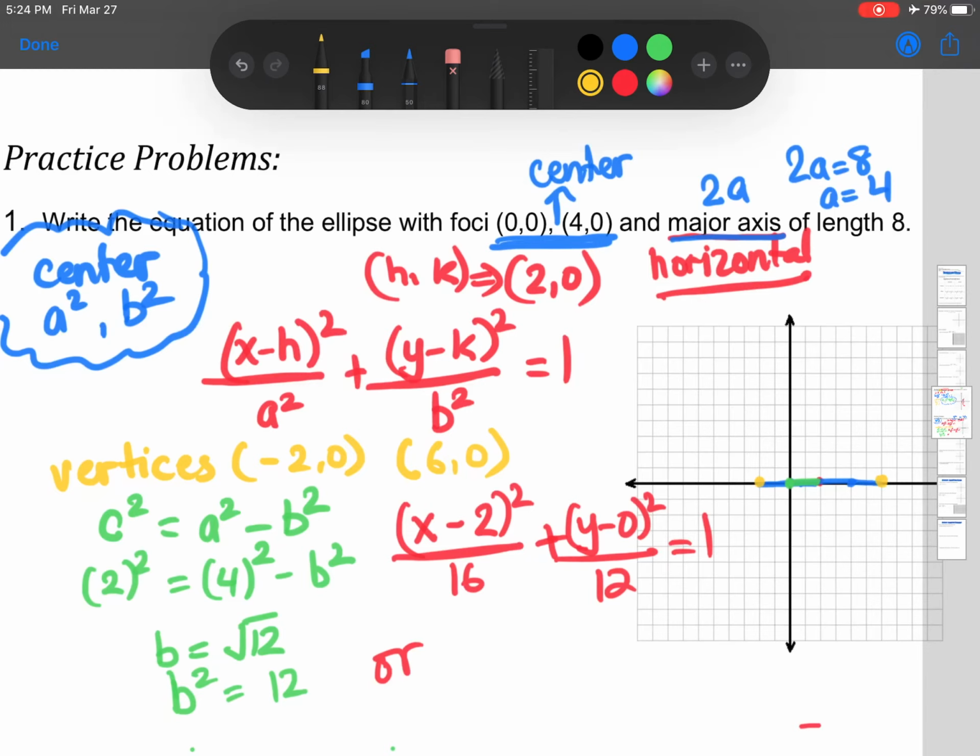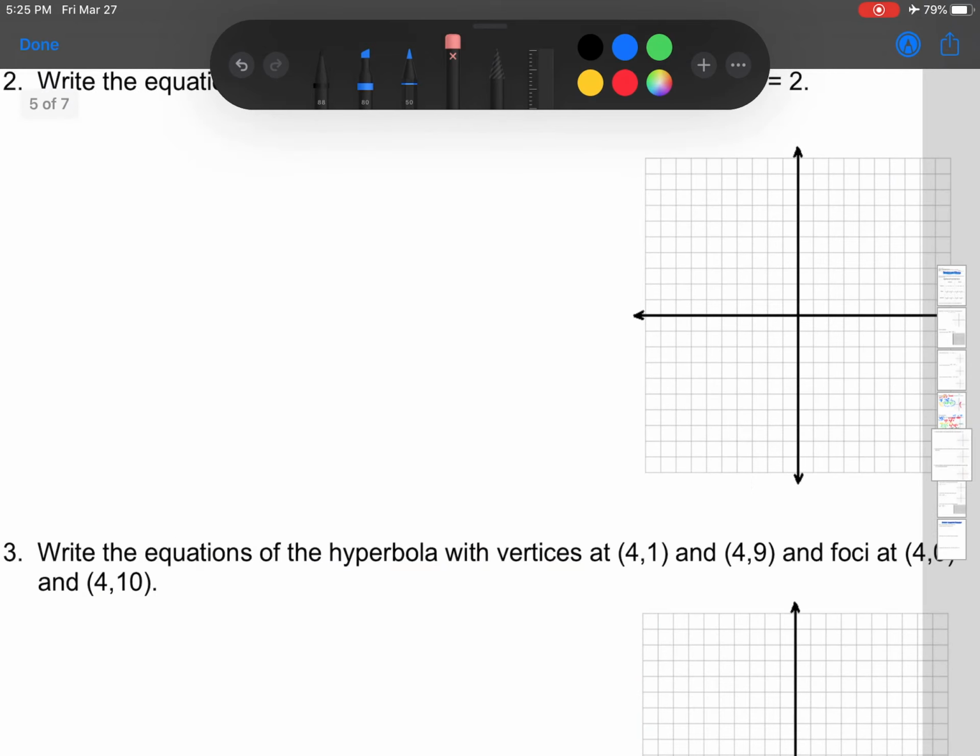Or you can write it more simply, which would be (x minus 2) squared over 16 plus y squared over 12 equals 1. And that's your equation, right? I hope you are understanding this. Again, I would say pause the video and try the next question, even though it is not an ellipse, but please try that question. So let's move on.